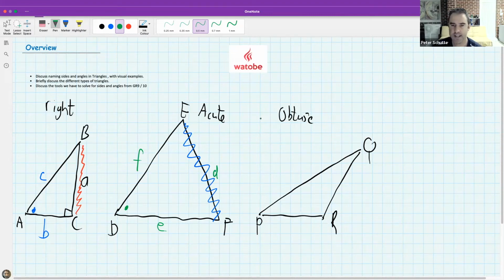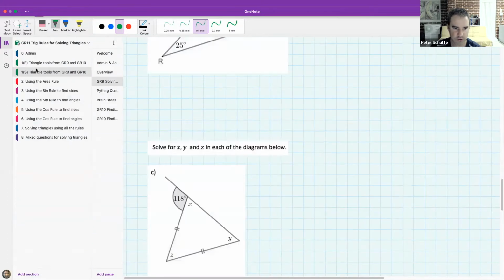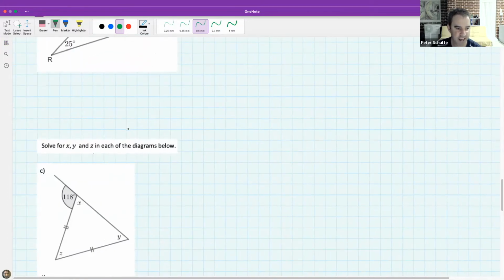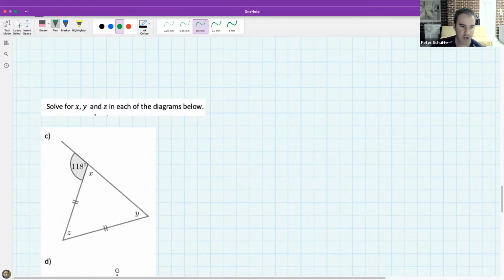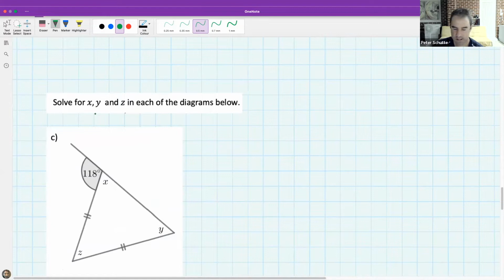And so we're going to quickly just check that you've got tools for your toolkit. The first tools I'm going to check are grade 9 tools. So if I gave you a question like this, could you find the unknown angles x, y, and z?